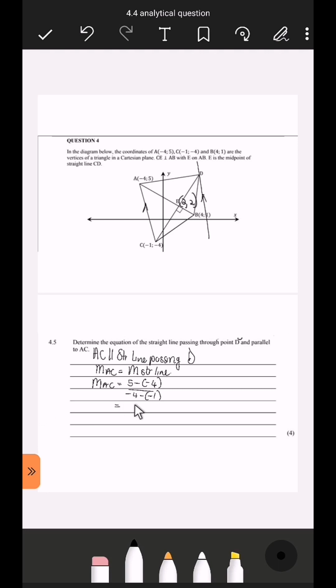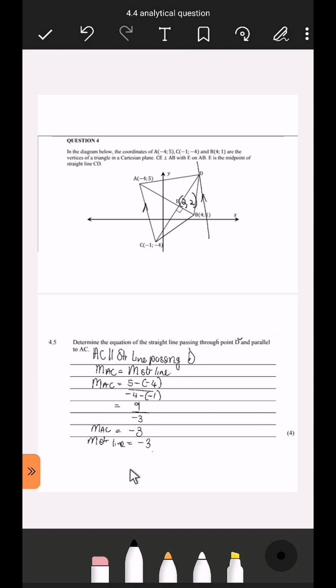Then we're going to have a positive 9 divided by -3. That means the gradient of AC is equal to -3. And then from there, we know that the gradient of AC is equal to the gradient of the straight line, meaning that the gradient of the straight line will also be equal to -3.